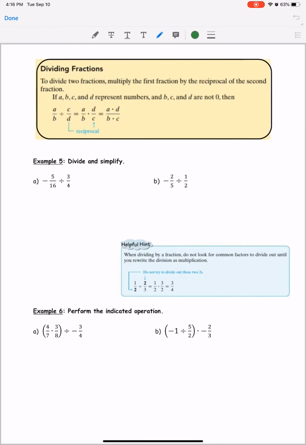So now, when I divide, it says multiply the first fraction by the reciprocal of the second fraction. So, let me move this up some. We are keeping the first fraction.